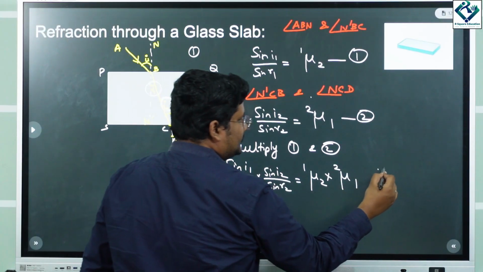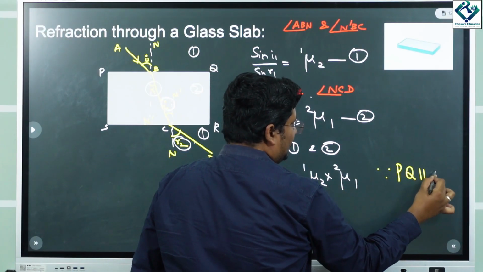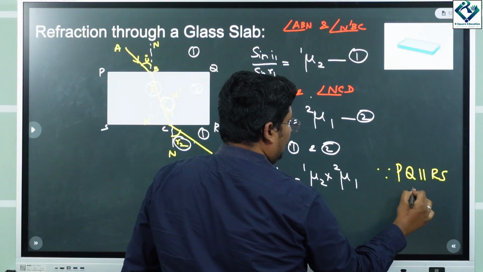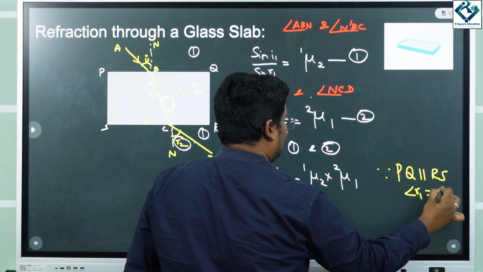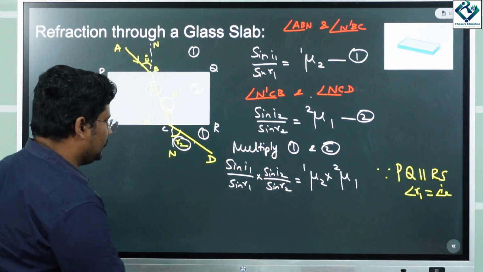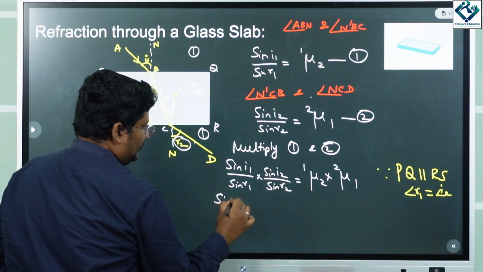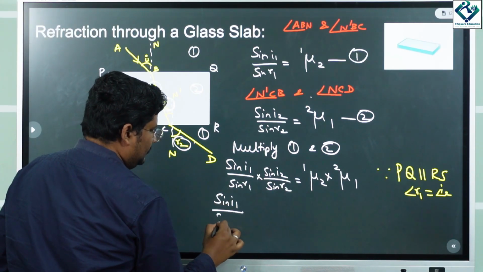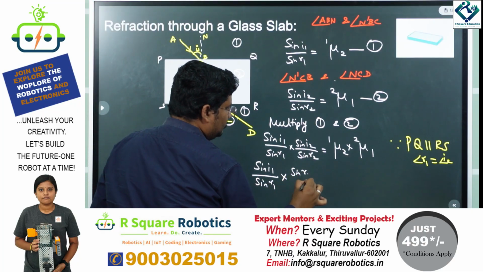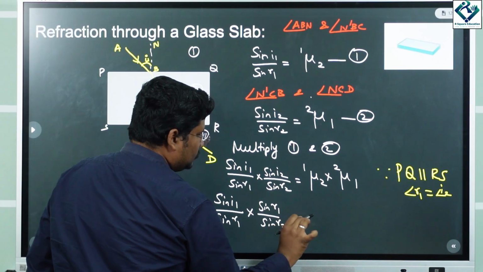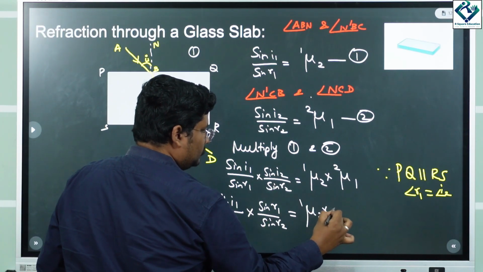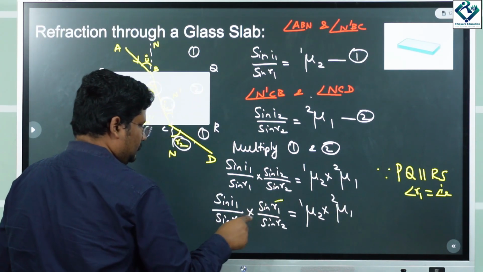Since PQ is parallel to RS, angle R1 will be equal to angle I2. Replacing it, you'll get sin I1 divided by sin R1 into sin R1 divided by sin R2, which is nothing but mu12 into mu21.